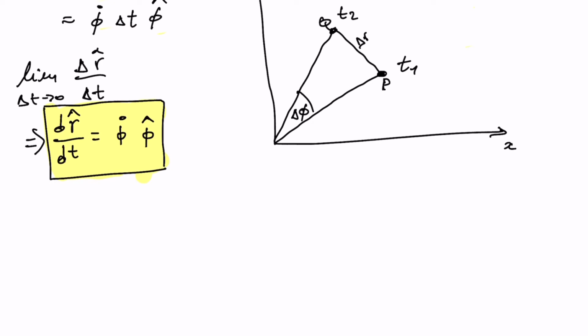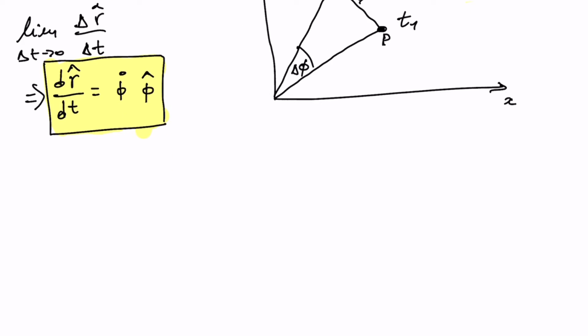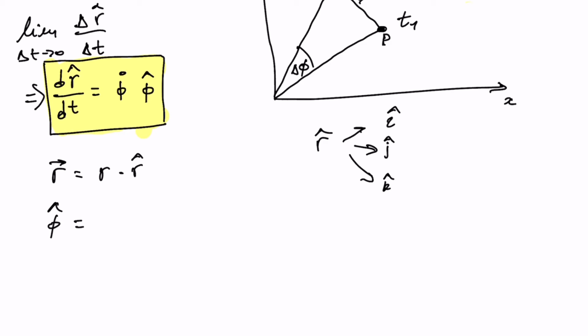Next, any vector r can be written as r times the unit vector, where the unit vector r, you can think of it like i, j, k, for example, when you learn linear algebra, and the same goes for phi.